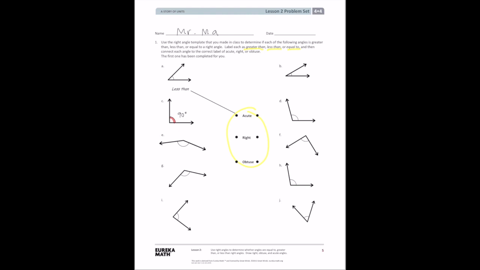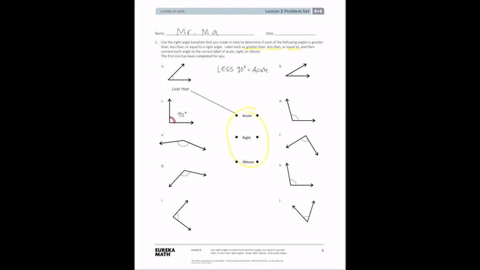Okay, so let's identify the ones that are less than, and we know less than 90 degrees is an acute, right? So acute.